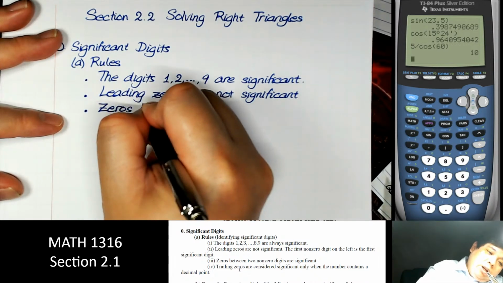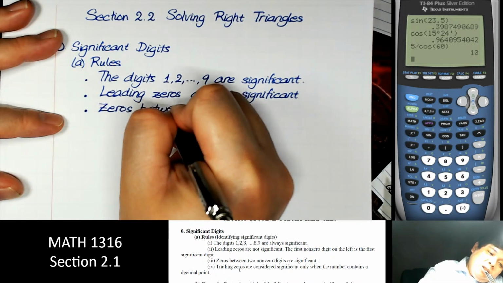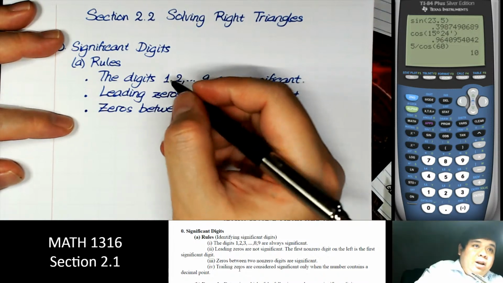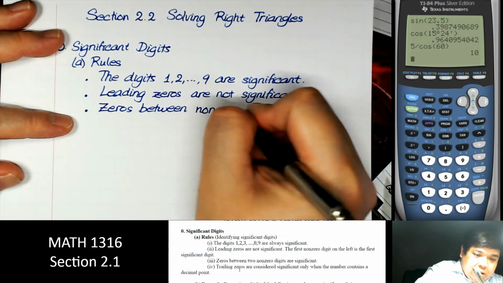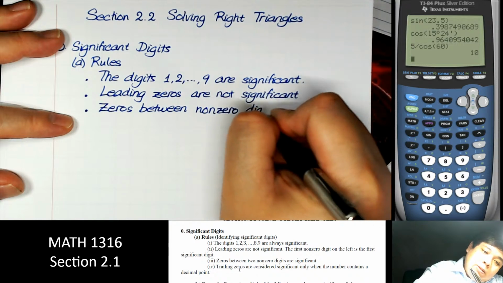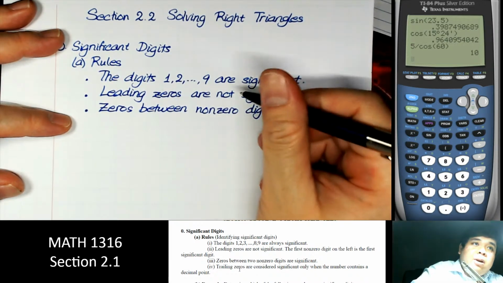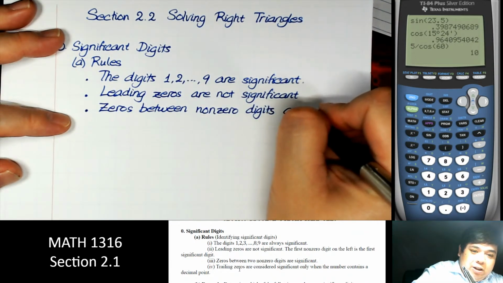Zeros between non-zero digits are significant.